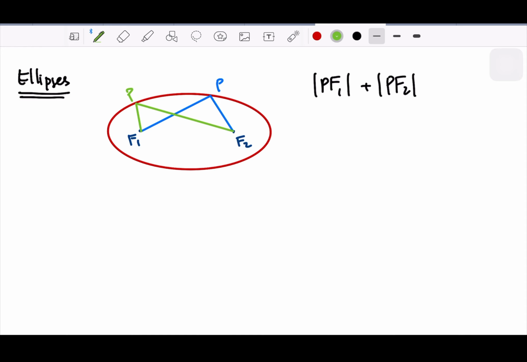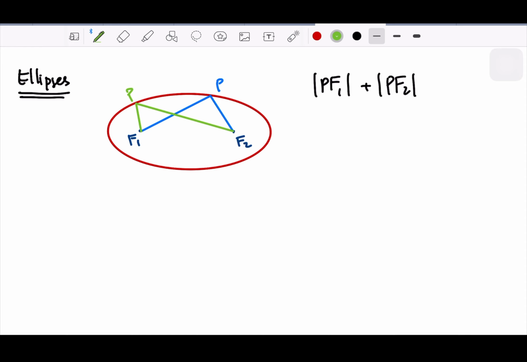And then set some point P around here, and let this be a constant.